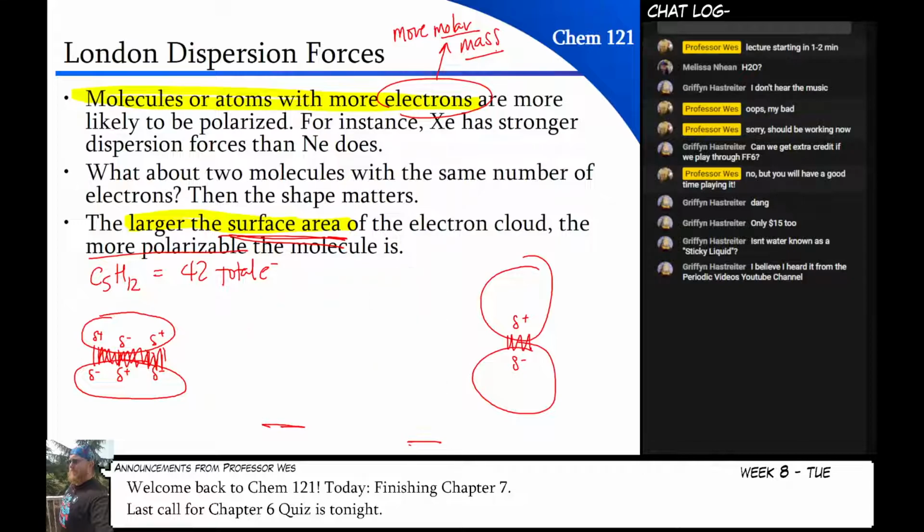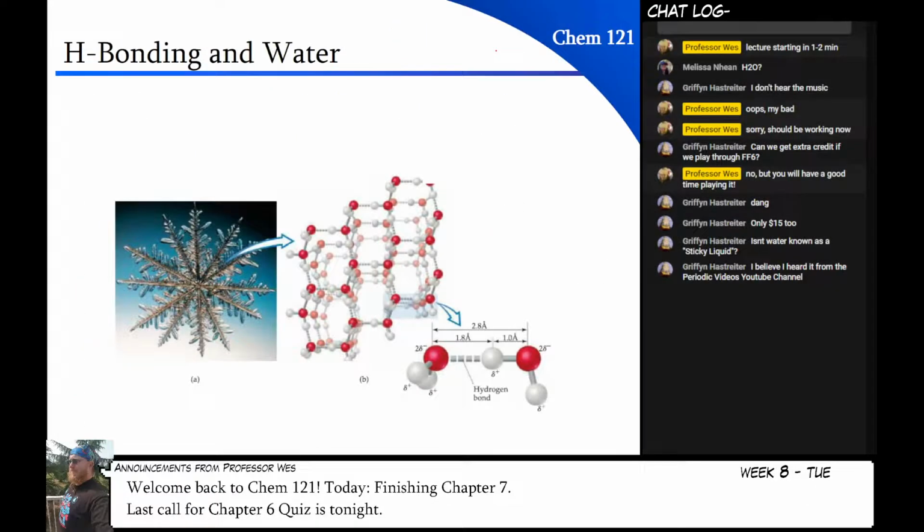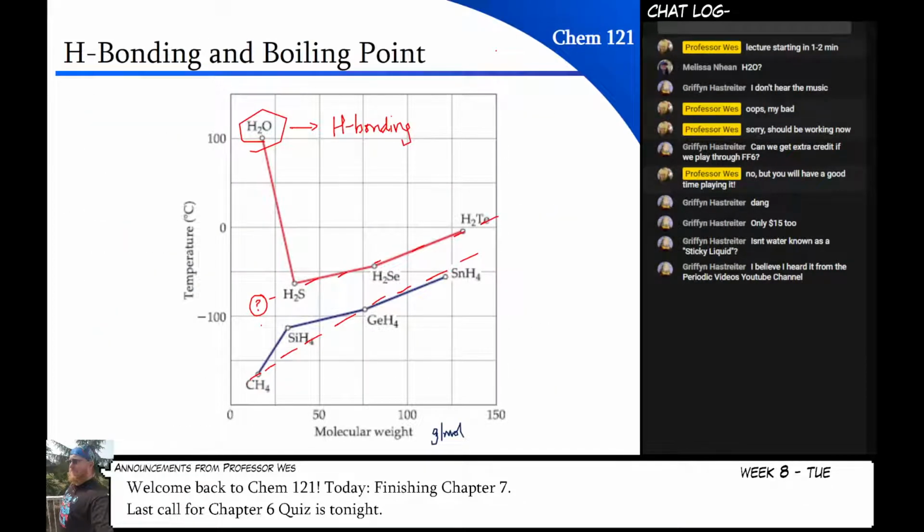So the higher the molar mass, the more easily polarized the molecule is, and thus the stronger intermolecular forces it has. And if we go back to this slide, there we go. Now we can explain why these are sloped up as they are. Those molecules down at the bottom, CH4, SiH4, GeH4, SnH4, totally nonpolar. The only way they have to interact with other molecules of their type, for example, CH4 and other CH4s, is dispersion forces. And because CH4 doesn't have that many electrons, it doesn't have very much dispersion. SiH4 has more electrons, so it has a stronger dispersion.